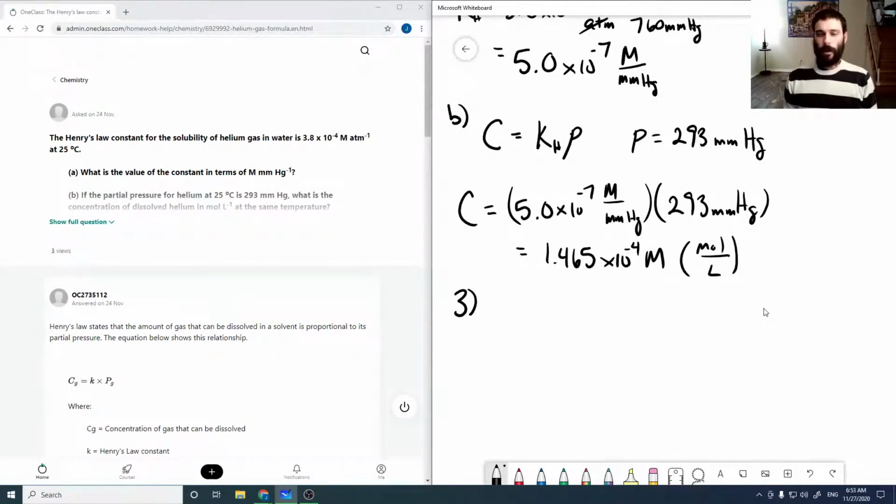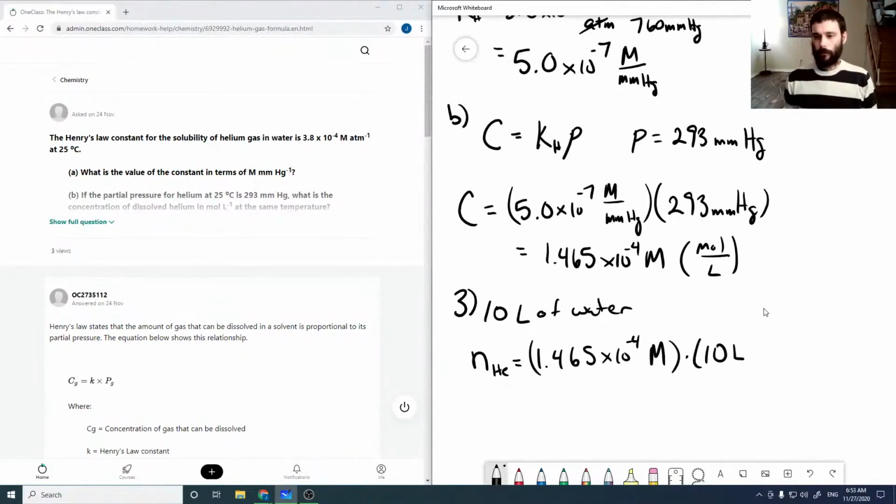So if we have 10 liters of water, then the number of moles of helium is 1.465 times 10 to the minus 4 molar times 10 liters, or 1.465 times 10 to the minus 3 moles.